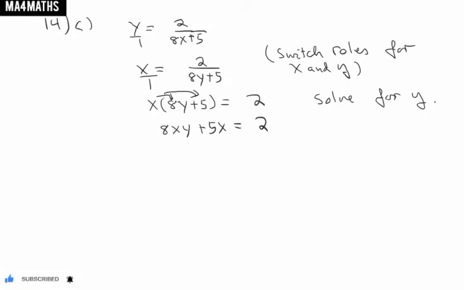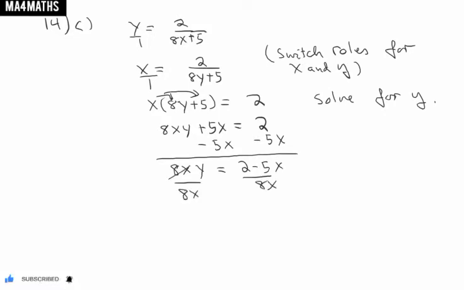If you subtract 5x from both sides, you'll end up with 8xy equals 2 minus 5x. And if you divide both sides by 8x, you'll end up with y equals 2 minus 5x over 8x.